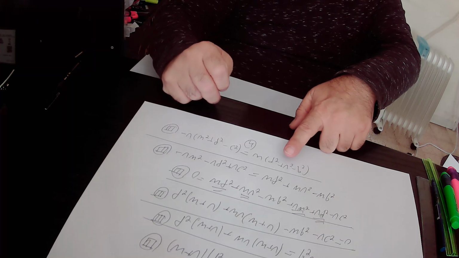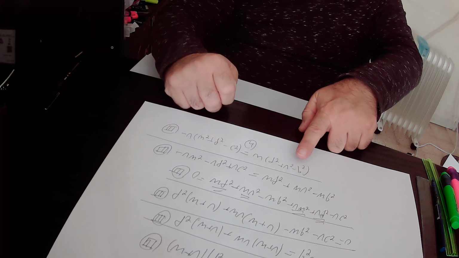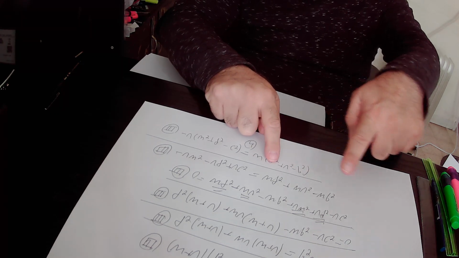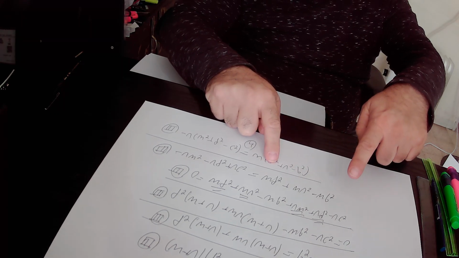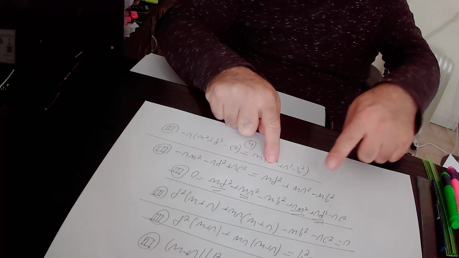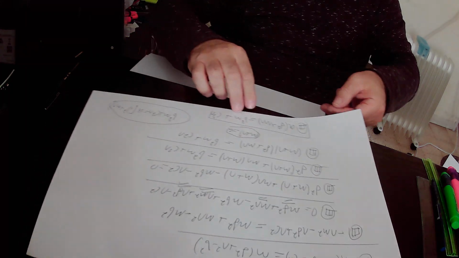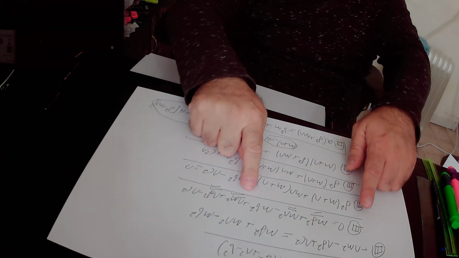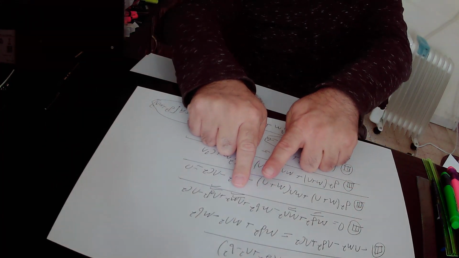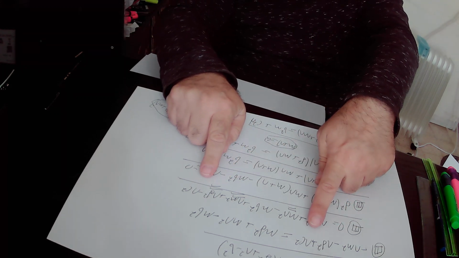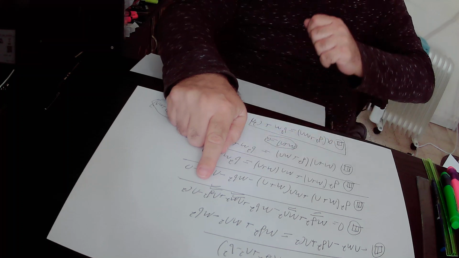In the other side of the equation we have already md squared plus mn squared minus mb squared, and then here we added nm squared, so it is plus nm squared. We added nd squared, so it is plus nd squared, and we subtracted nc squared, so it is minus nc squared.